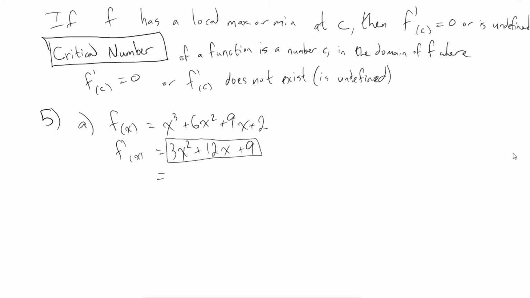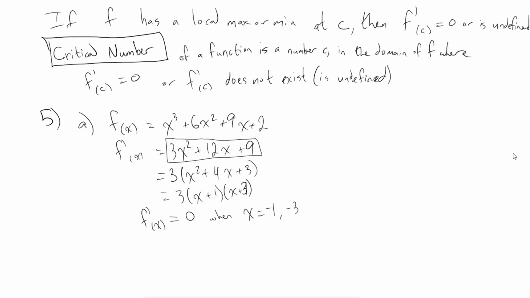Well, it's a continuous function. It's never undefined. So let's just find out where it's equal to 0. I'll factor out my 3. So that gives me 3 times x squared plus 4x plus 3, which can be further factored to x plus 1, x plus 3. Which lets us know that the derivative of f is equal to 0 when x is equal to -1, -3.